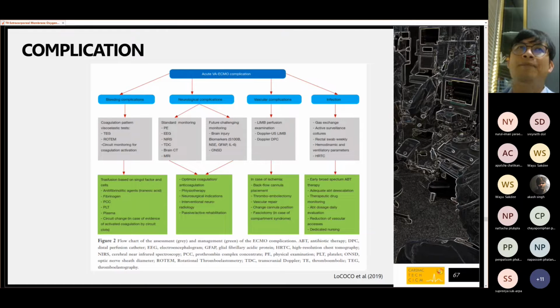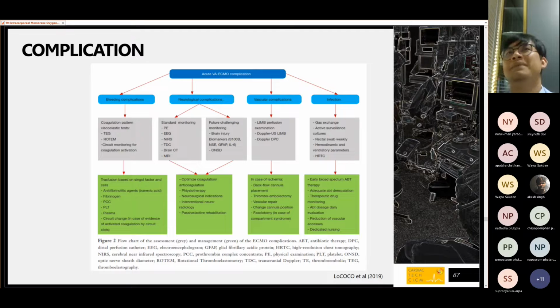So you can see, breathing might be related to the coagulation parameters observed. Neurological is going to be related to brain function, like EEG, like NIRS, like everything, and like biomarkers.